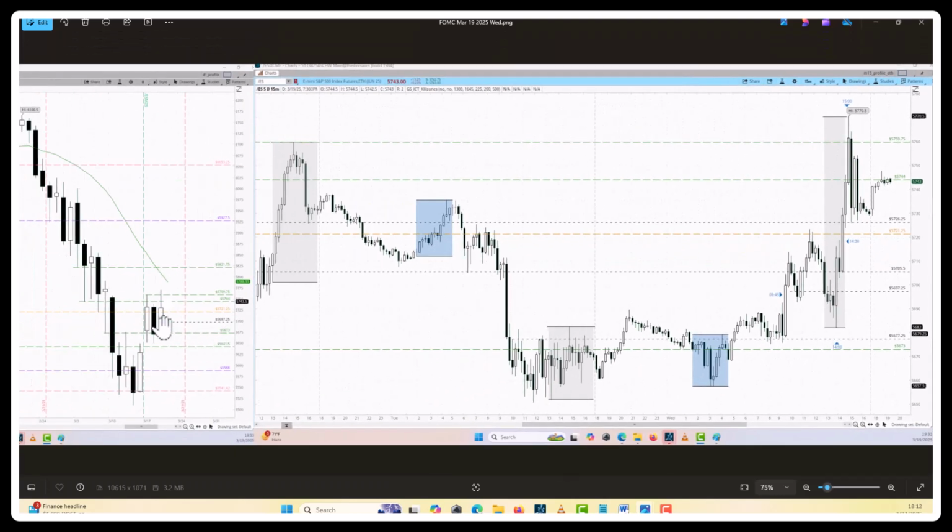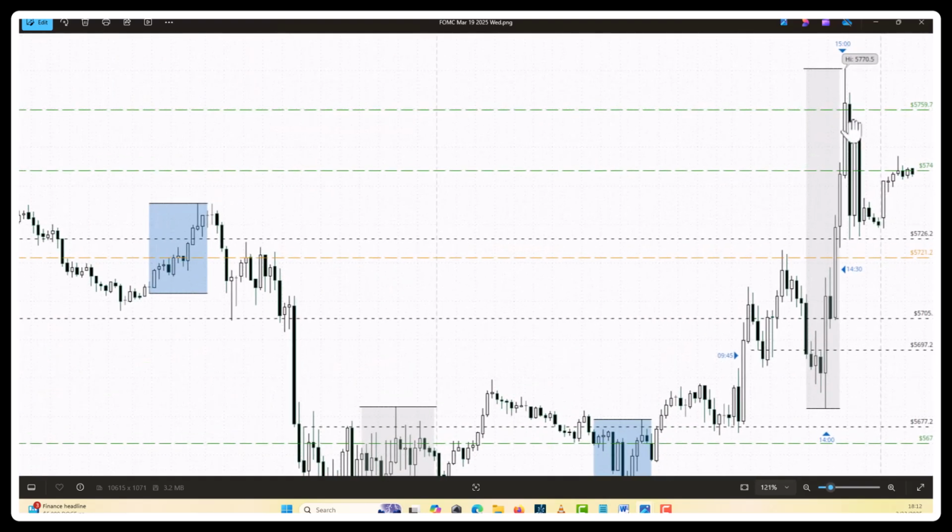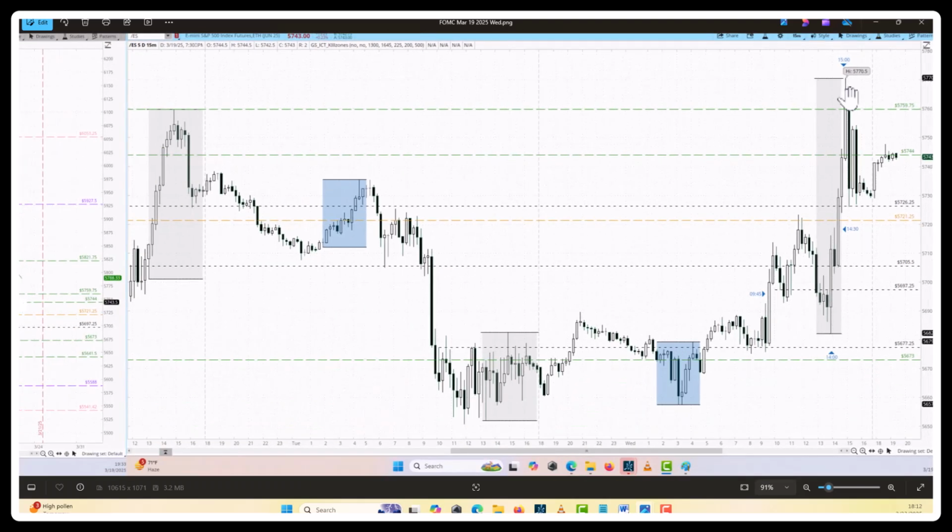So right here it's going to raid the Monday high, and as soon as it raids the Monday high, boom, it retraced back. We needed to take this trade. We see a huge rejection after it raided the Monday high, and it created the high of the week right there.